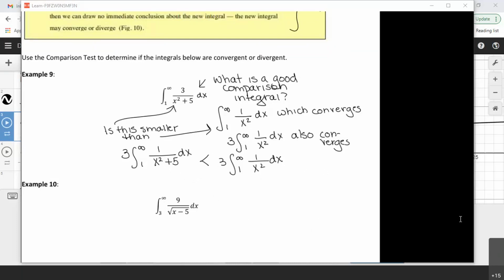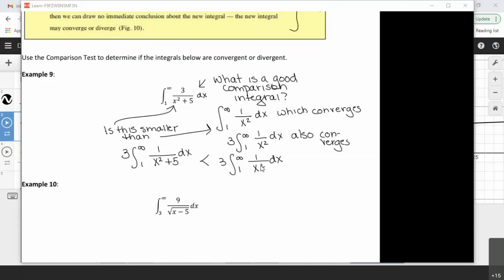Okay, look at the function denominators. Is this denominator bigger than that one? Yeah, the denominator on the left is bigger than the denominator on the right. What did we just say about big denominators? If this denominator is bigger than that, this function is smaller than the one on the right.